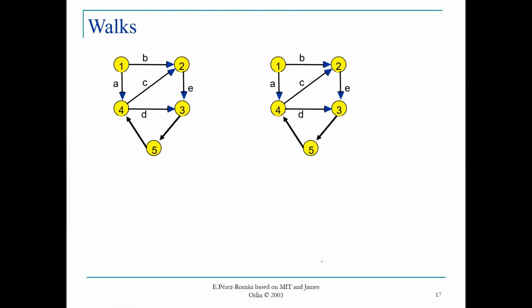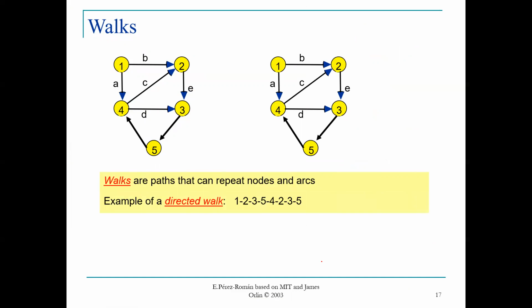Walks are paths that can repeat nodes and arcs. An example of a directed walk is 1, 2, 3, 5, 4, then 4 to 2, 2 to 3, and 3 to 5.